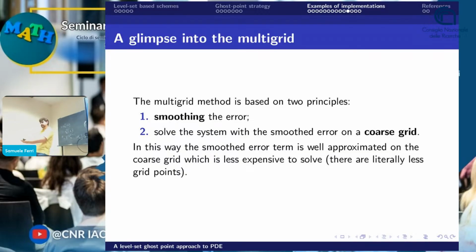We solve the system using a smoother, and then we project the error onto a coarser grid. This is because if you look at the error on a coarse grid, it is well approximated, and also we have fewer points to solve the system.